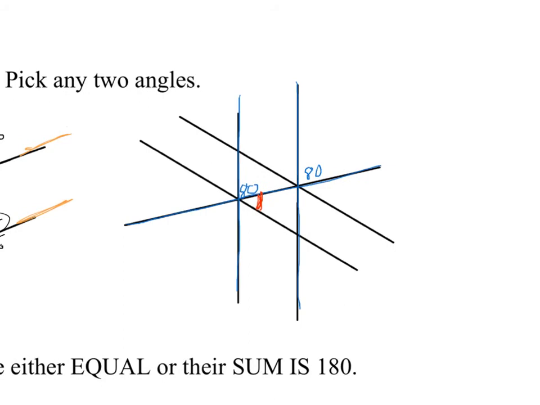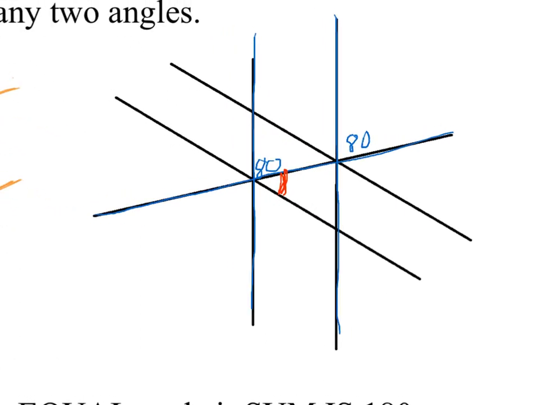Again, when we have a complicated picture like this one, we can perform the same amount of reasoning, but what we've got to do is identify clearly which pairs of lines we would talk about as being parallel versus the line that's a transversal.